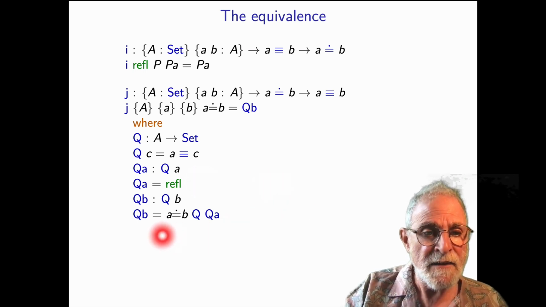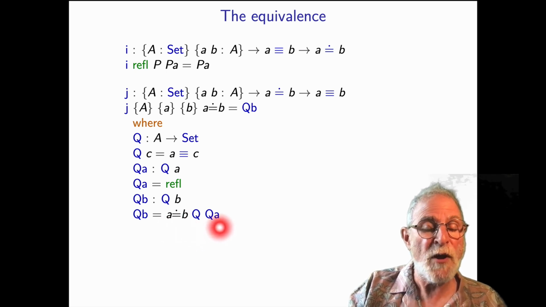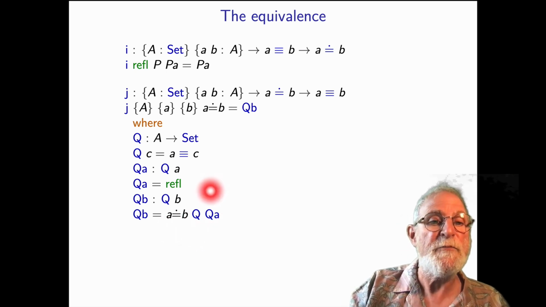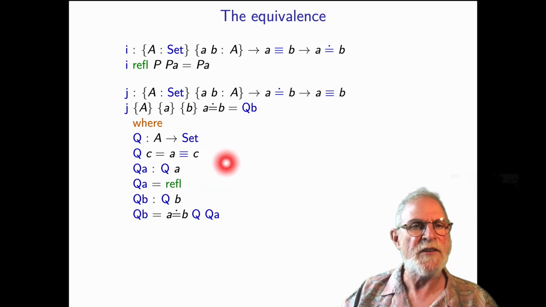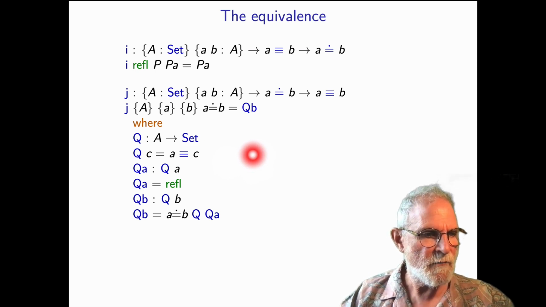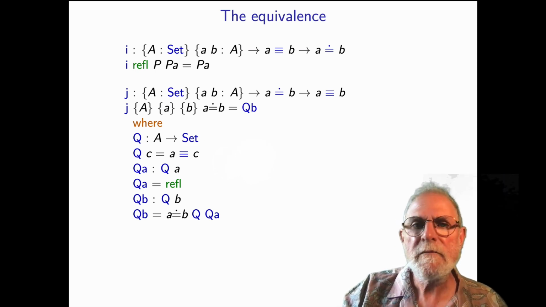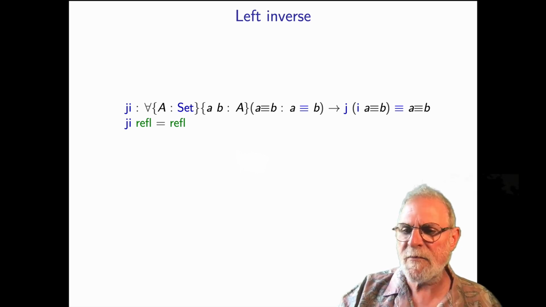And then again, A equals B on Q, and Q of A transposes that to give us a proof of Q of B, which is A is equivalent to B, which is what we wanted to show. So very similar proof. Left inverse just follows immediately by simplification.